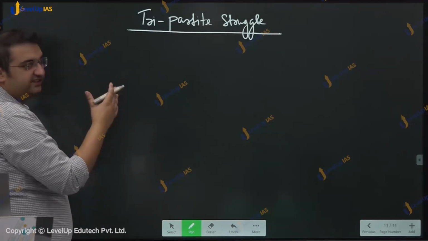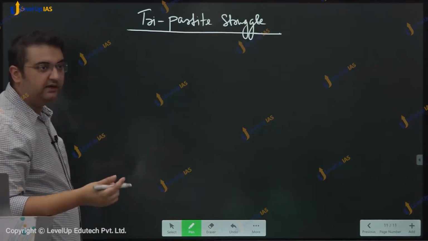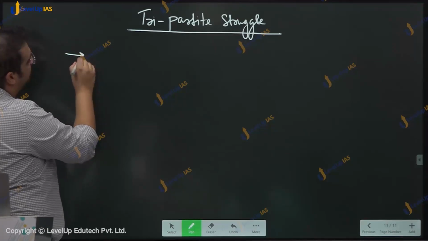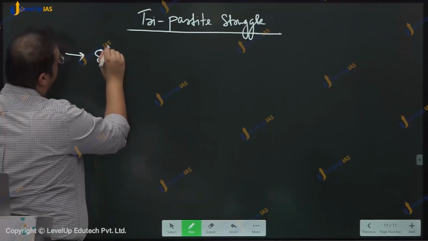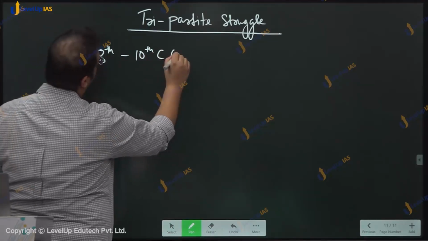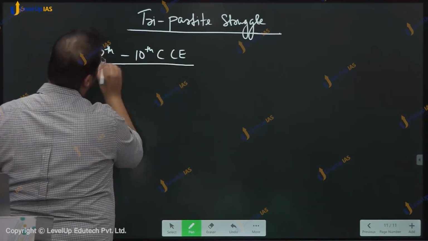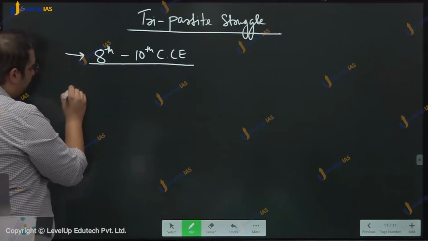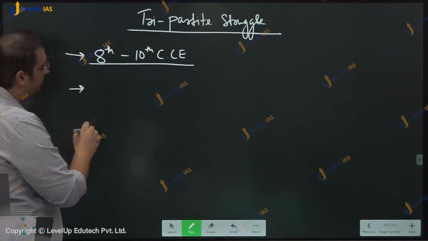As the name suggests, this was a struggle between three parties. Time period क्या है इसका? Dates to 10th century CE.